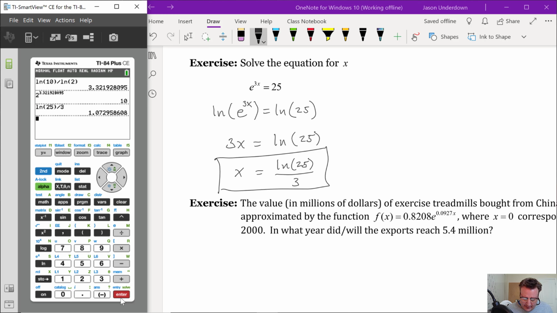The e to the x button on my calculator, I have to use the second ln button. Okay, and I want to do 3 times this value. Enter. And I get 24.999. Yeah, so I get 25 within the rounding error. Good. Okay.